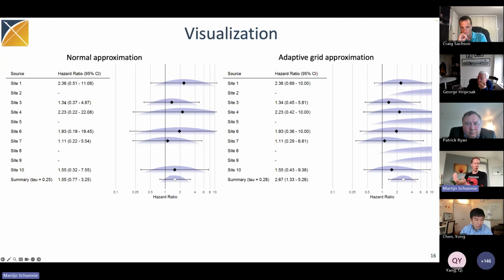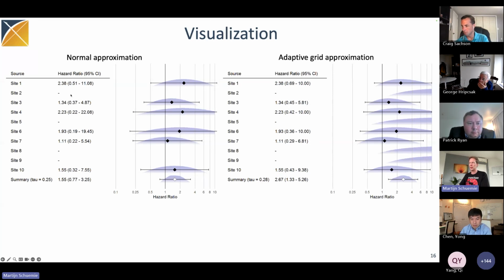If you just use ordinary random effects meta-analysis without using these curves, then you basically assume normality, as I'm showing you here. So for every site, we run the analysis, say Strategus, and we get a point estimate and a confidence interval. And like I said, we assume normality.